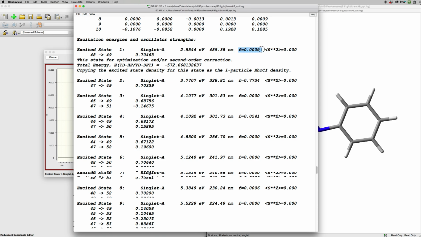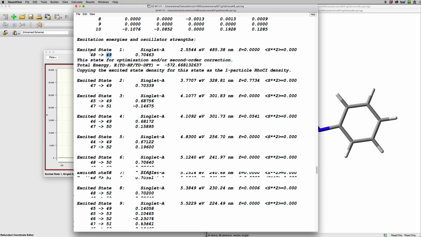The oscillator strength of the transition, so in this case the oscillator strength is 0, so this is a so-called forbidden transition. And it also shows me the orbital from which the transition originates, which is orbital number 48 on the left of the arrow, and the orbital into which the transition goes, which is the orbital 49.